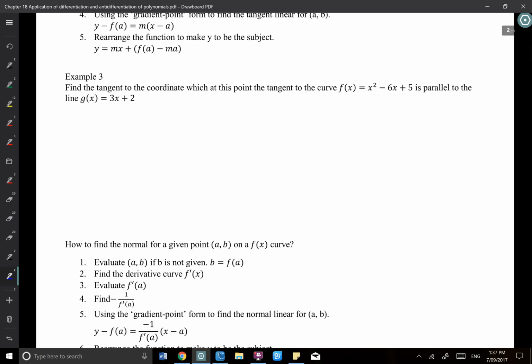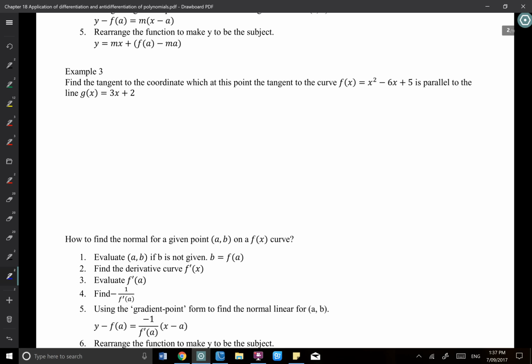Let me think what information we have. What does parallel tell you? Parallel tells us the gradient is the same. So f dash x equals 3.